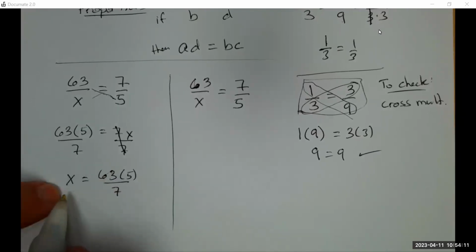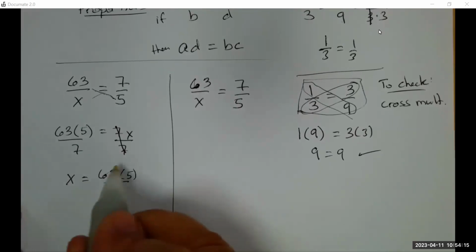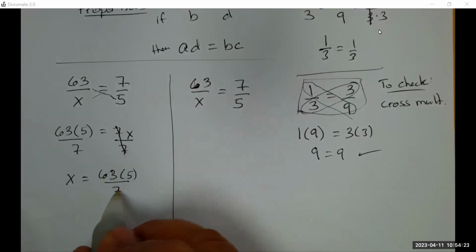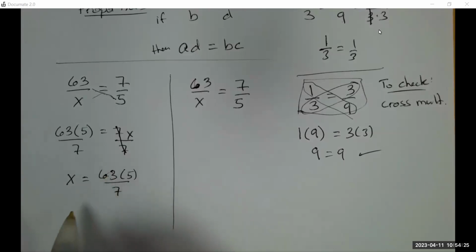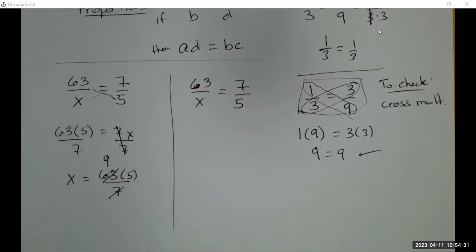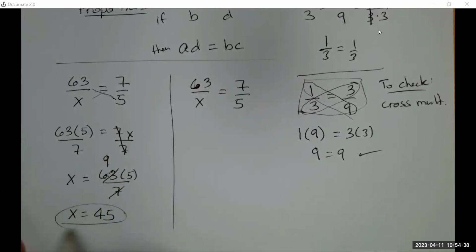Before you multiply or do anything else, reduce. Does anything cancel here? Yep. 7 goes into 63 how many times? Yes. 9 times 7 is 63. So 7 goes in there 9 times. So 9 times 5 is 45. That's your answer.